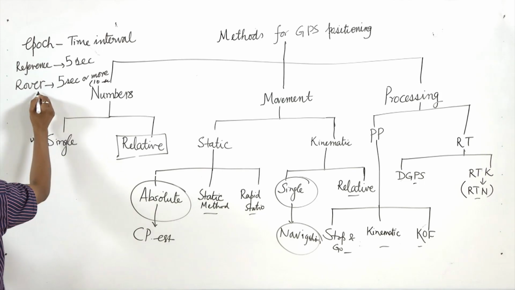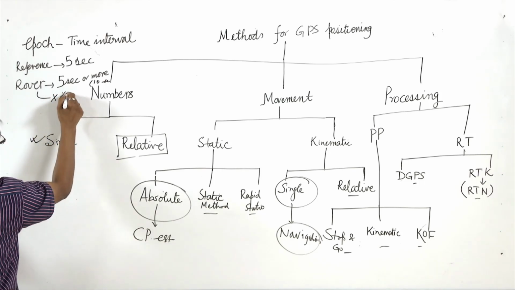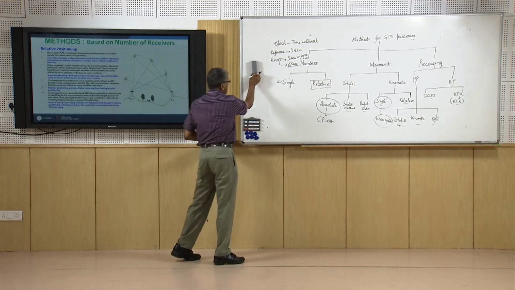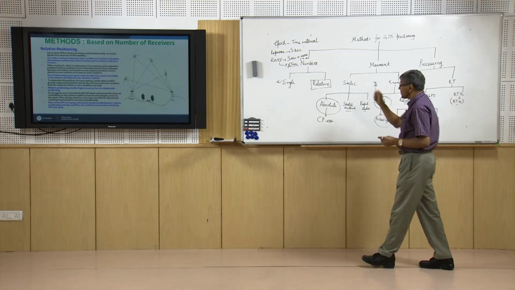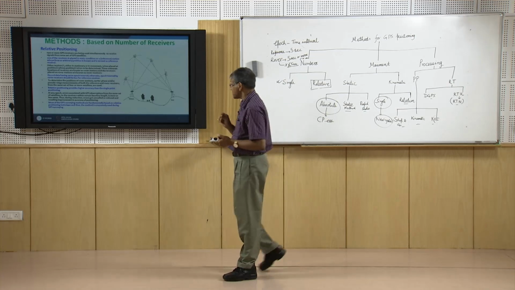It cannot be less than 5 seconds. So, the epoch of the rover receiver should be equal to or more than what we have for the reference receiver.